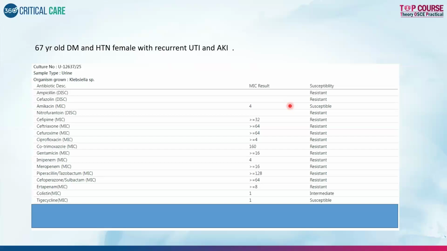If this patient was in shock, I would definitely have started ceftazidime-avibactam and aztreonam, because there are three things I'm worried about. Recurrent UTI: you have to reassess this patient. Is there an obstructive uropathy or a complicated UTI? AKI: I don't want this patient to end up on RRT. To prevent those things, I would start a better drug like ceftazidime-avibactam, because it is a carbapenem-resistant organism.